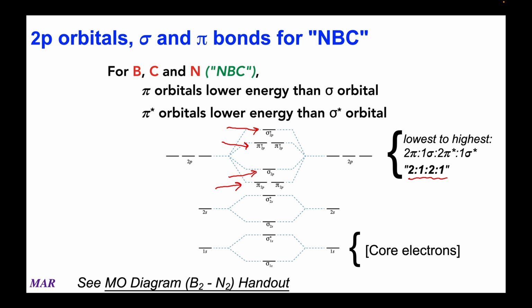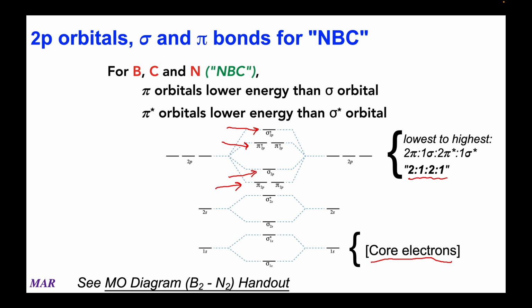Now, the orbital diagrams become more complicated. You can start using core or core electrons in square brackets to represent the 1s interactions. This is similar to the noble gas notation we used. So, for example, boron's atomic electron configuration is 1s2, 2s2, 2p1, but you could write that as helium in square brackets, 2s2, 2p1.